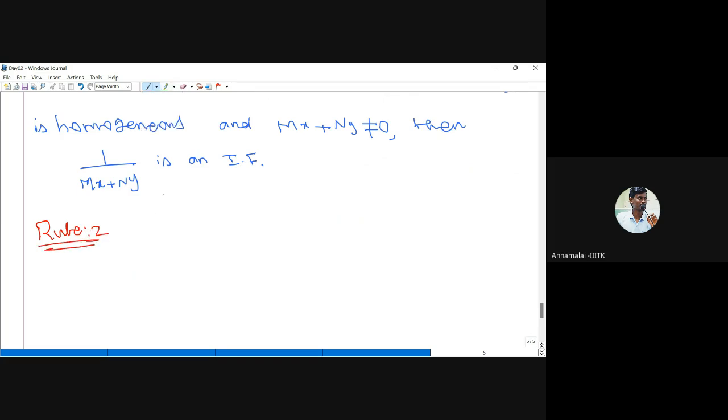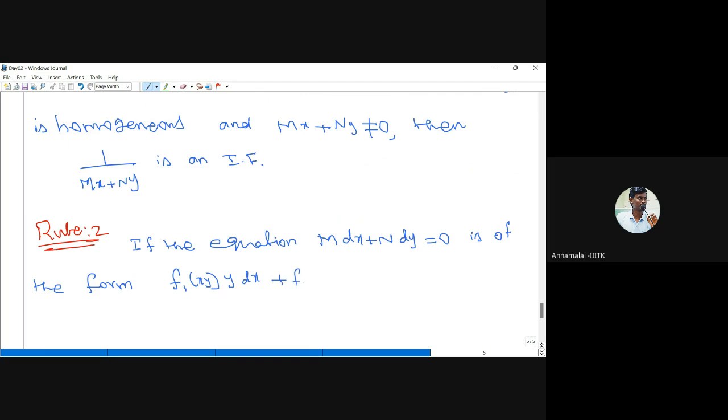Suppose the equation M dx plus N dy equal to 0 is of the form f1 of some function of xy, into y dx, plus f2 of a function of xy, into x dy equal to 0. Function of xy means xy squared, xy cubed, and so on; the xy term is always in the multiple.